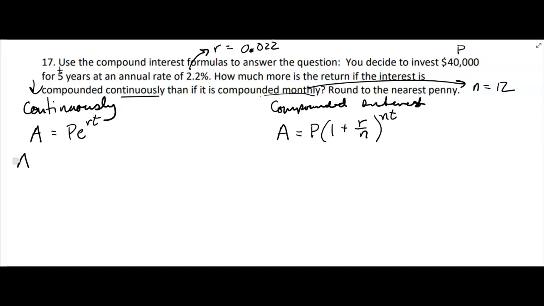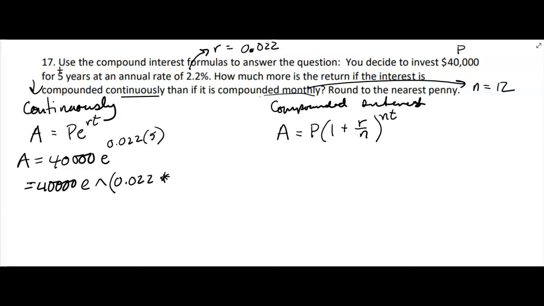And so the amount that you get after 5 years, we're going to figure that by taking 40,000, the principal, E, and then the exponent is R, 0.022 times 5. Okay? So that is going to go in a calculator, 40,000 E to the power of 0.022 times, they usually use like a little asterisk star for times 5.